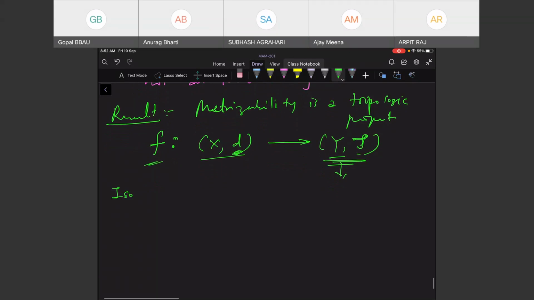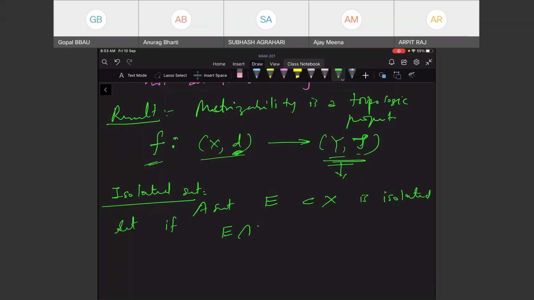You all know now what are isolated sets. A set E in a topological space X is an isolated set, or sometimes we say discrete set, if E intersection its derived set is empty, meaning it does not contain any limit point.